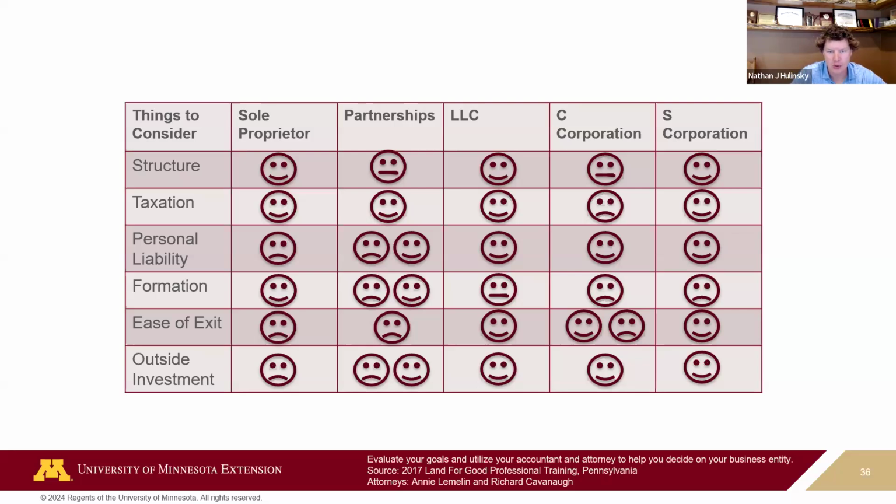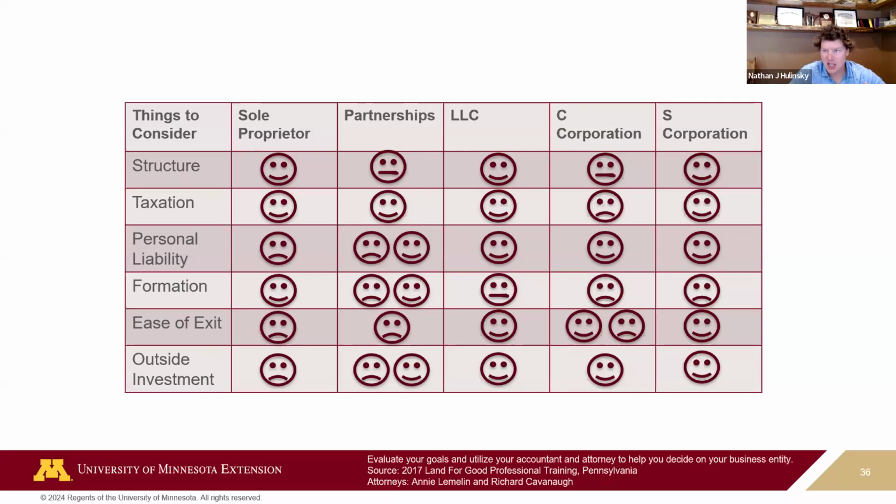But we can just walk through the sole proprietor on the far left-hand side. Structure, pretty easy to set a sole proprietorship up. Taxation, pretty simple. Personal liability, though, has that negative frowny face because there is no personal liability protection. It just doesn't have it. Formation, again, pretty easy.